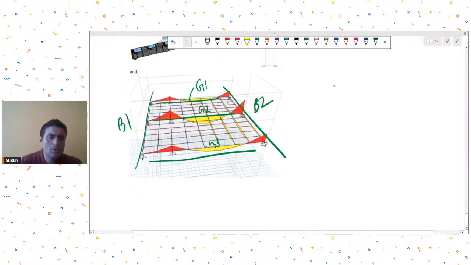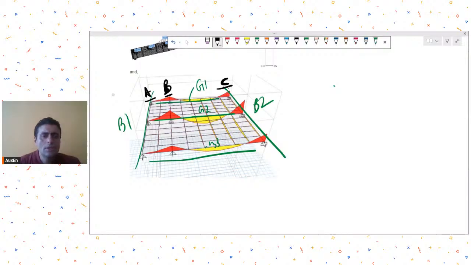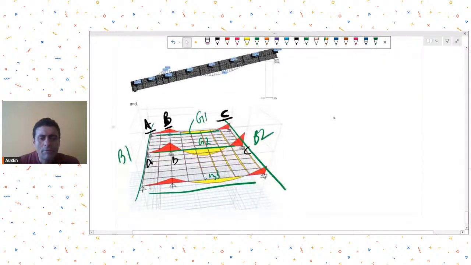Although I'm not sure how he has come up with these support conditions, let's keep that aside for the time being. So these connections are A, B, and C. Now, what is his doubt? And this is the bending moment diagram for all of you to see.